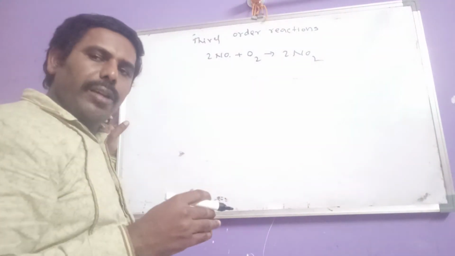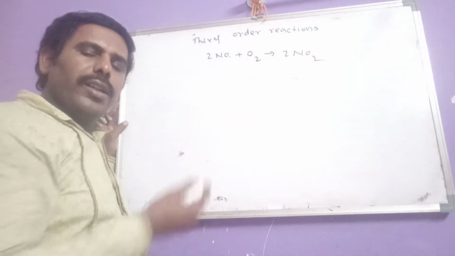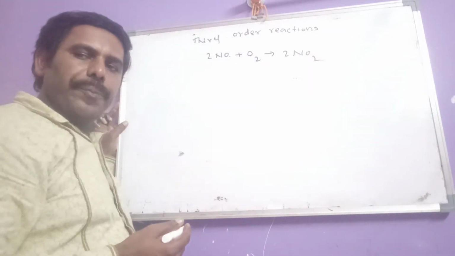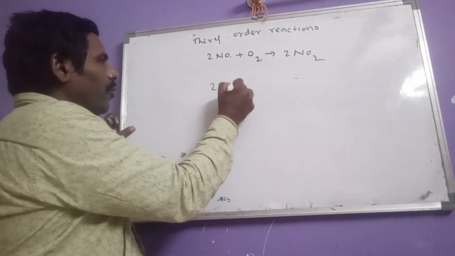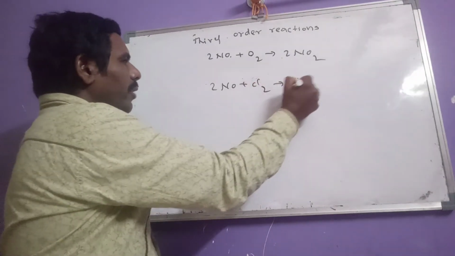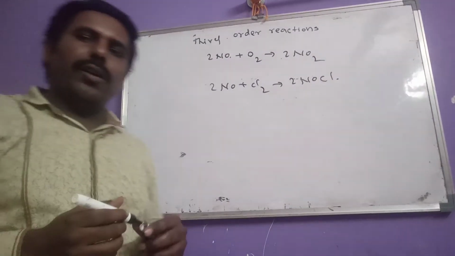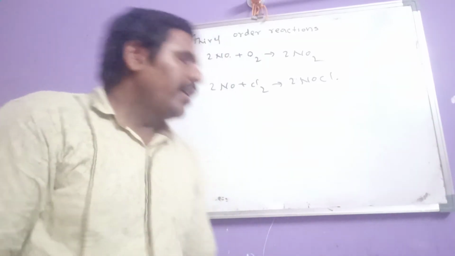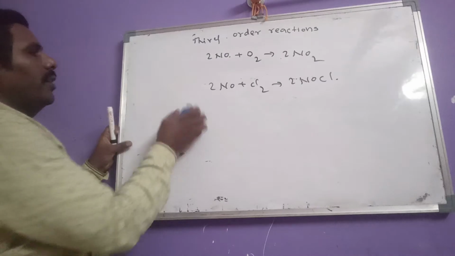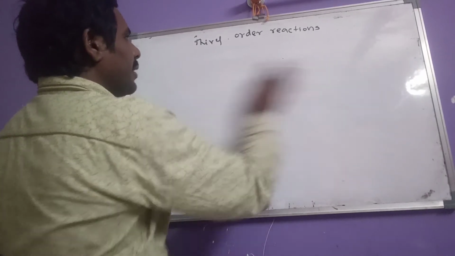The rate is determined by the variation of these three concentration terms, so this comes under third order. Or we can write 2NO plus Cl2 gives 2NOCl. This is also an example of third order reactions. Then for such third order reactions, what is the rate constant expression?